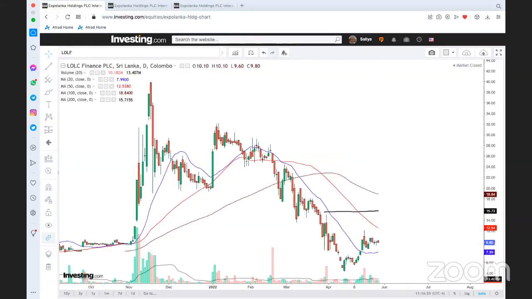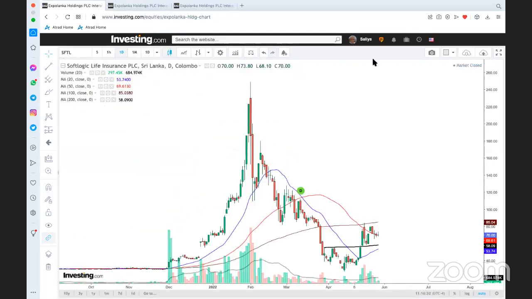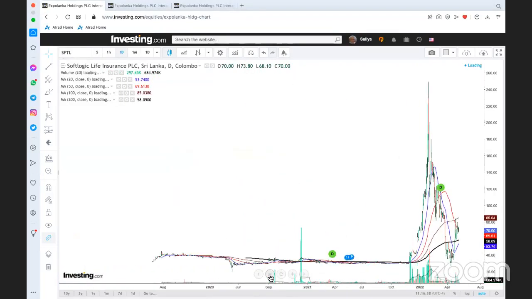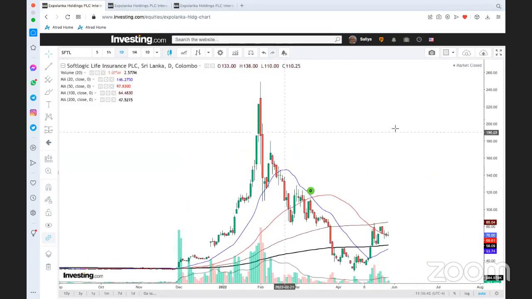Then, as I mentioned, Softlogic Insurance. Again, the same story. One important thing that we can see here is that the prices have broken above the 200-day moving average as well, right?